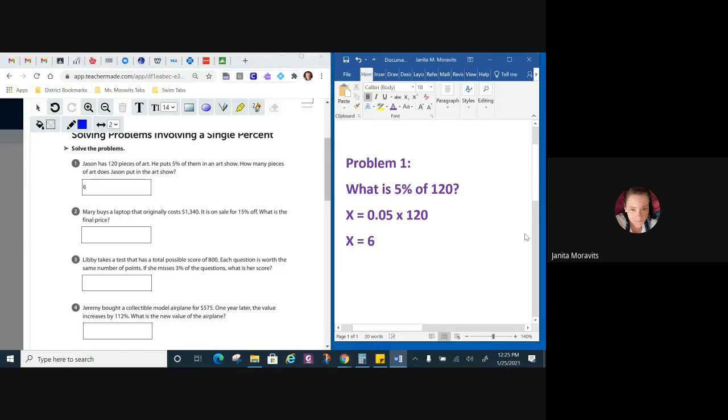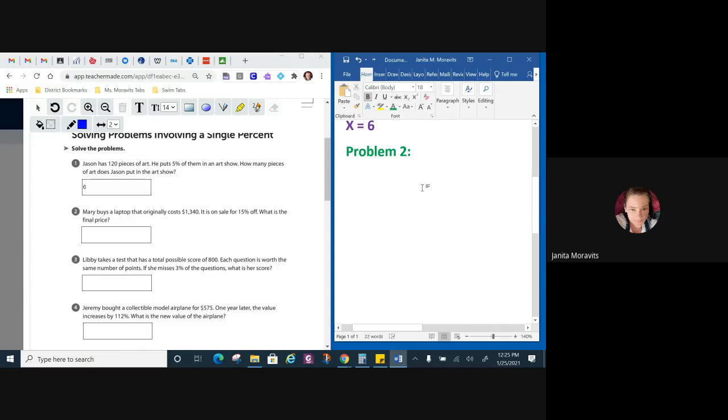All right, let's look at number 2. Let's change the color. Let's make it green. Okay, problem 2. It says, Mary buys a laptop that originally cost $1,340. It is on sale for 15% off. Well, there's a couple of ways you can do this.